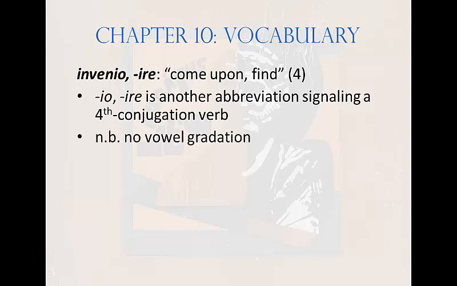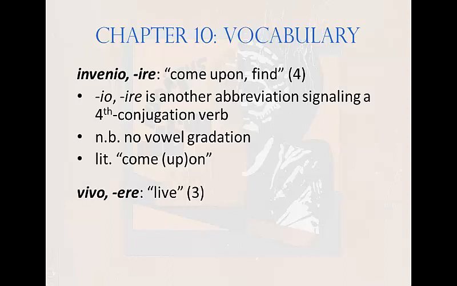Note that the e in venio does not vowel gradate when the prefix in is attached. And note also that the prefix in, in its sense upon, reflects exactly the English compound verb come upon in its sense find or discover. The final verb in this vocabulary list is vivo, vivere, meaning live.